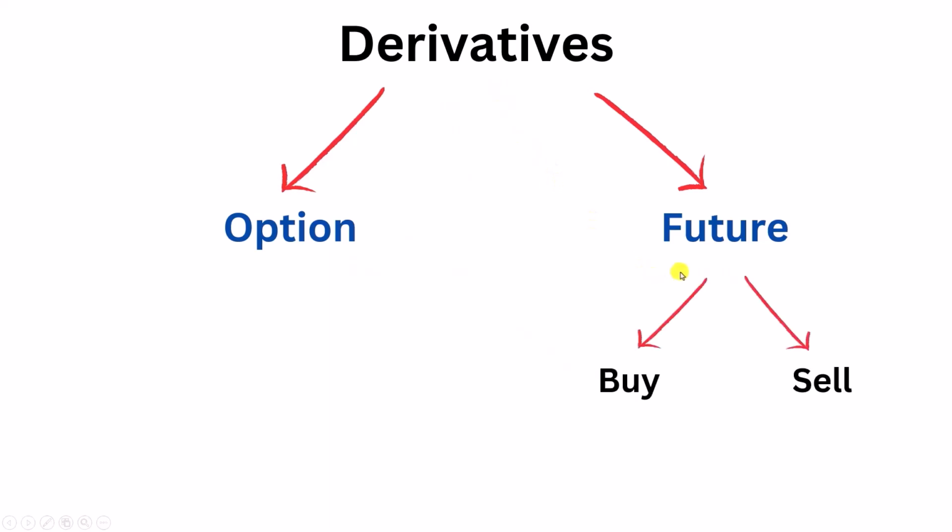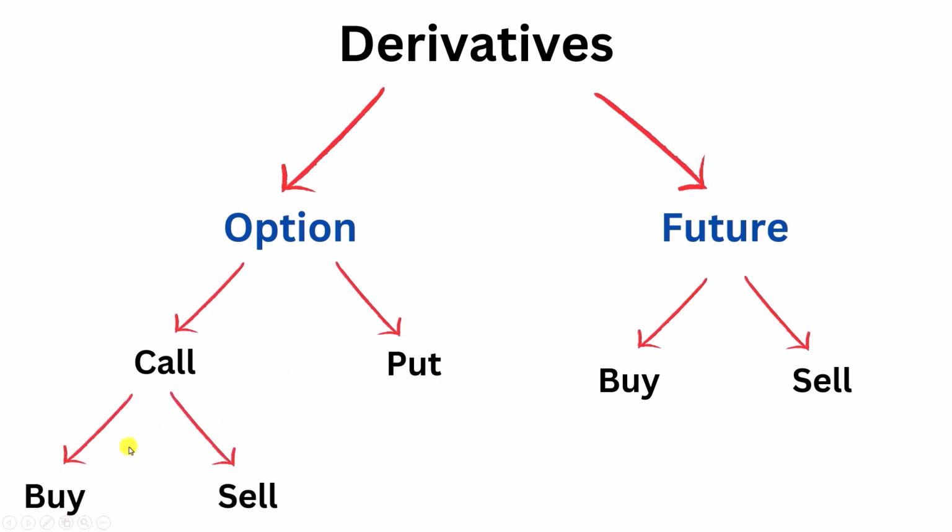Now, you can buy a future or you can sell a future. Alright? Now, once again, do not worry much about this because this is an introductory lesson. As we proceed, we will learn about these in detail. Okay? And in options, you have two types, a call option and a put option.